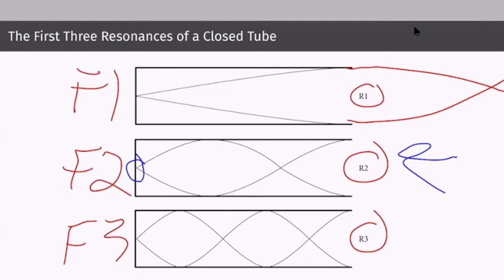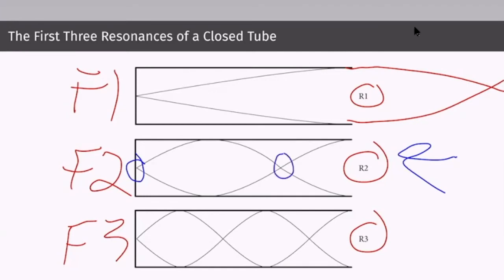So where else is there a velocity node for R2? Where else does it look like the particles are not moving very much? Yeah, right here.